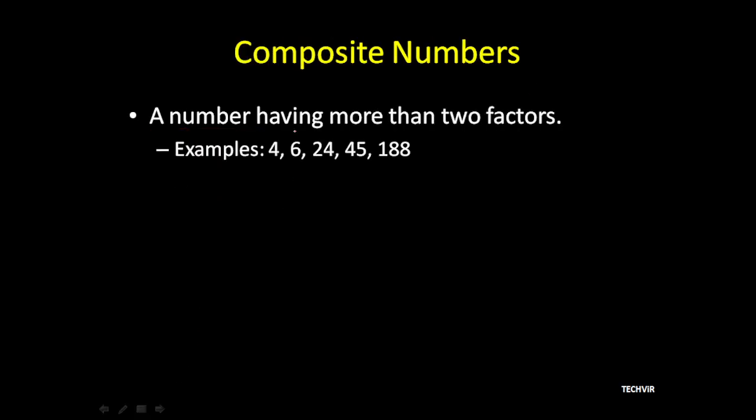Next is your composite numbers. So what are composite numbers? A number which is having more than two factors. For example, these are the examples of composite numbers. We have infinite number of composite numbers. Some of the examples are written over here on this slide. 4 is a composite number, 6 is a composite number. It is having factors 1, 2, 3, 6 itself. 45 is a composite number.